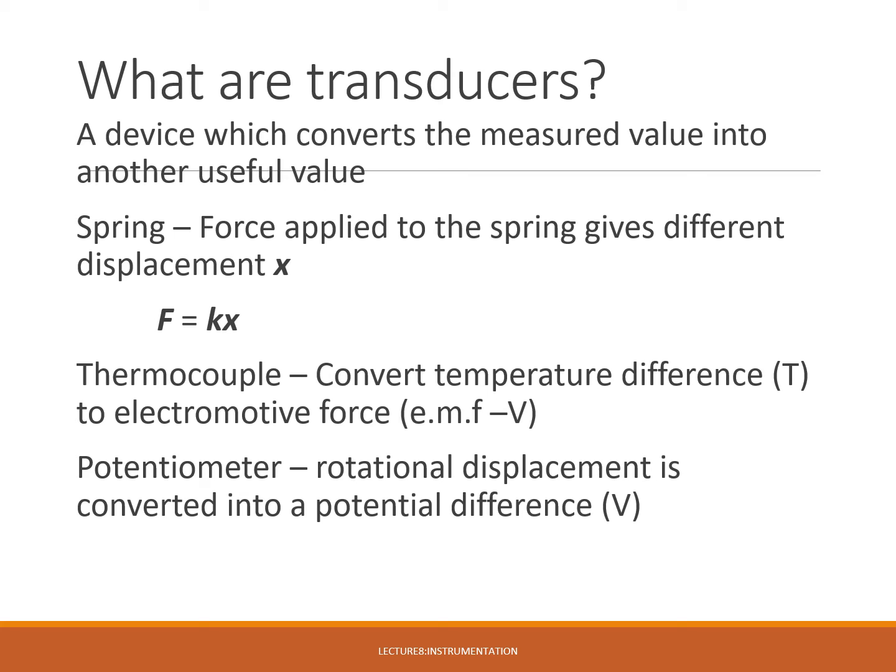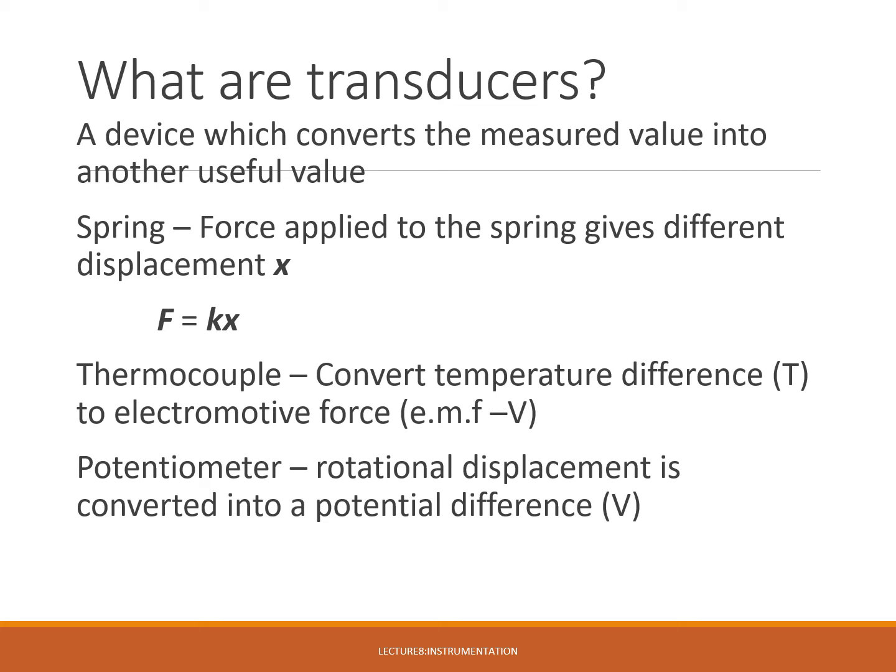The next one is thermocouple. Thermocouple is a temperature sensor that converts temperature difference into voltage. Electromotive force is actually a voltage. Okay, so the measured variable is this temperature difference, and the useful value representing the temperature is the electromotive force.